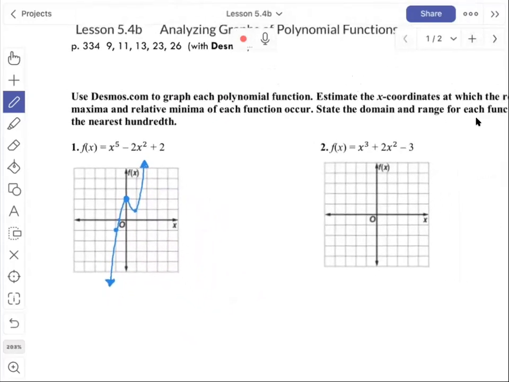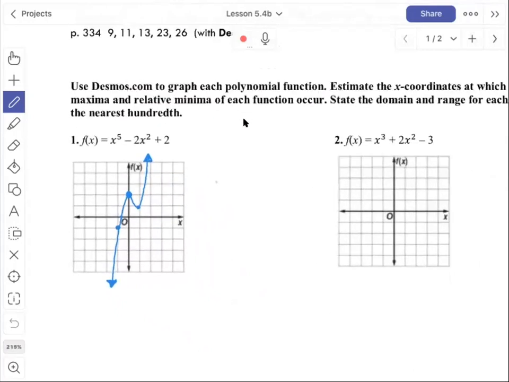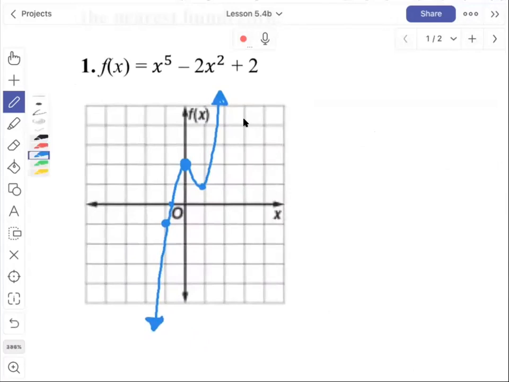Okay, so we've done the first part of the directions. Let's go on to the second part. It says, estimate the x coordinates at which the relative maxima and relative minimum of each function occur. I have a relative maximum right here, and they want the x coordinate.